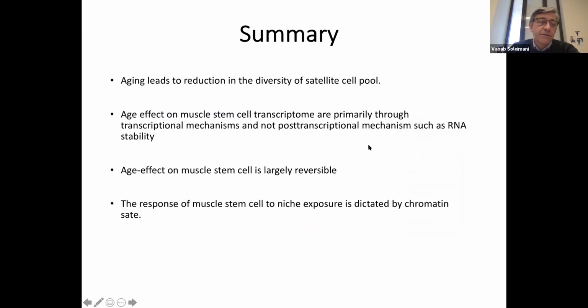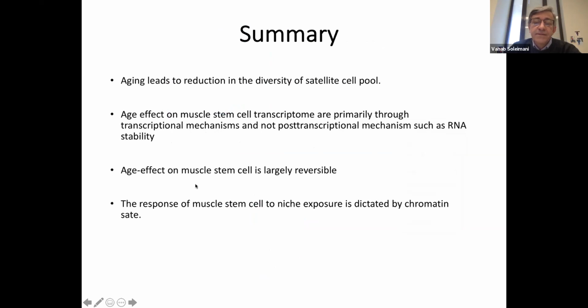So from what I have told you in part one, what I can summarize is that aging leads to a reduction in the diversity of the satellite cell pool. I think our single cell data clearly shows that the reduction in the muscle stem cell pool is not stochastic. Age effects on the muscle stem cell transcriptome are primarily through transcriptional mechanisms and epigenetics, and not post-transcriptional mechanisms such as RNA stability.